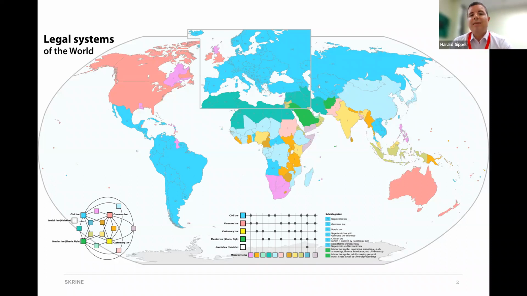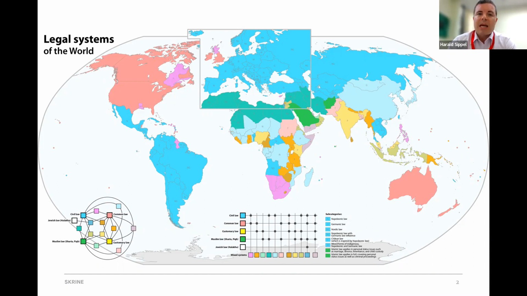But of course, and this is very important, there are mixtures. And when you look at Quebec, for instance, up here in the north of North America, and Louisiana in the south, it has this purple color because, as we discussed last week, there are some elements which are civil law.